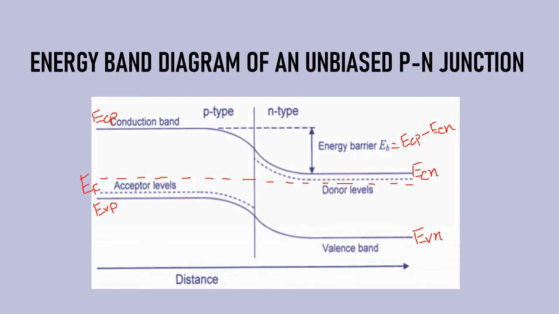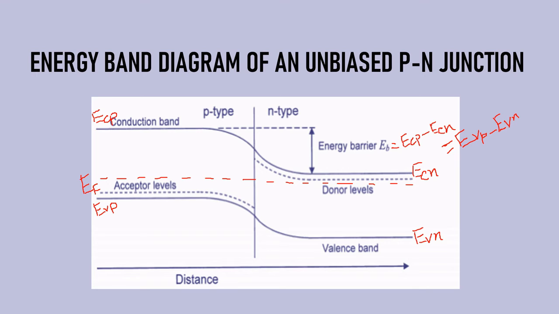This is the energy barrier for the conduction band, and for the valence band it is EVP minus EVN. Because the energy level of the valence band in P-type material is higher than that of the valence band for N-type material, it is EVP minus EVN.